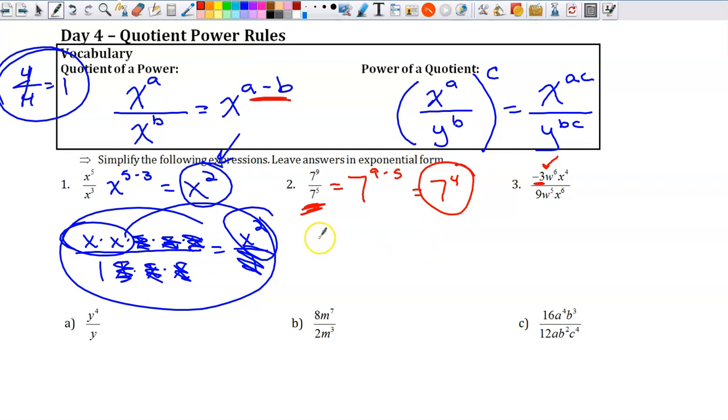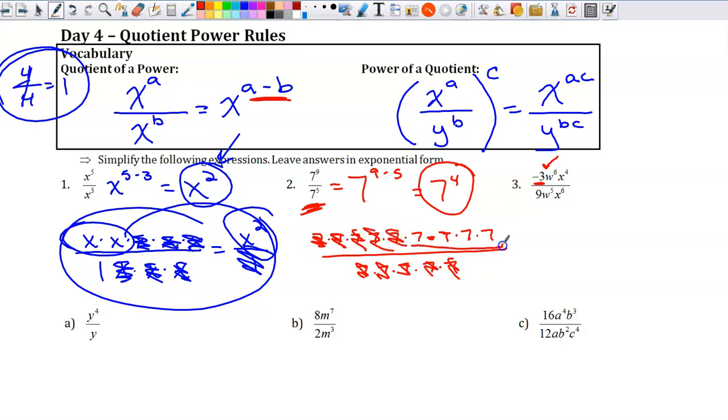Likewise, I'm going to show it one more time, and this is going to get old real quick. 1, 2, 3, 4, 5, 6, 7, 8, 9. 9 sevens up top, 5 sevens on the bottom, all connected with multiplication because it's an exponent. And then they just fight. Boom, boom. Boom, boom.